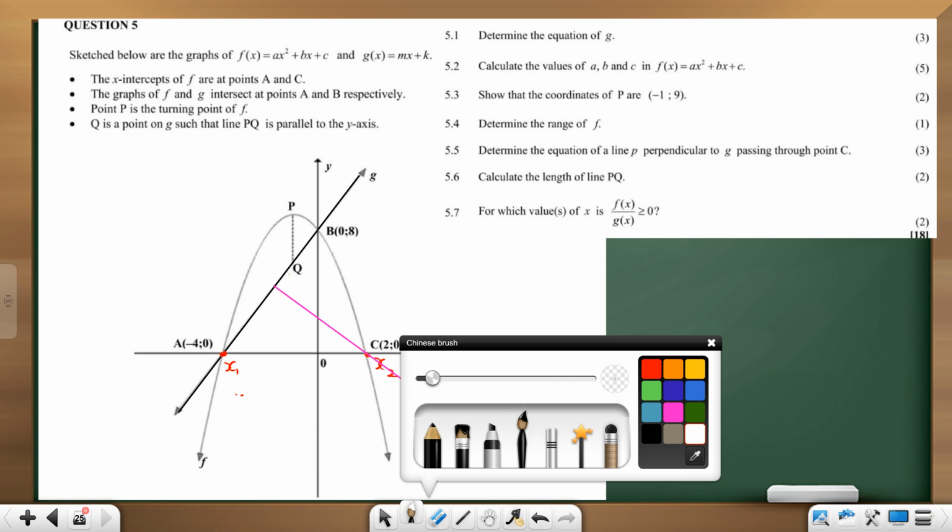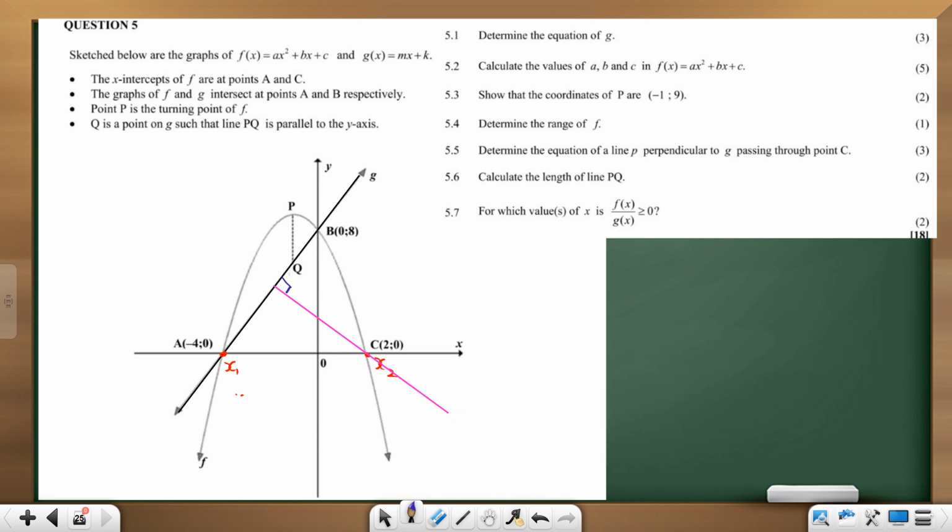Perpendicular to G. Lovely. Analytical geometry, we did that. If two lines are perpendicular, then the product of the gradients would give us -1. What's the equation of this line again? 2x plus 8.